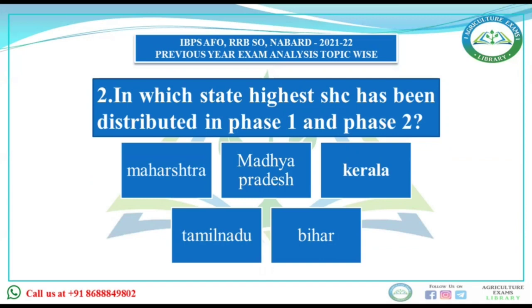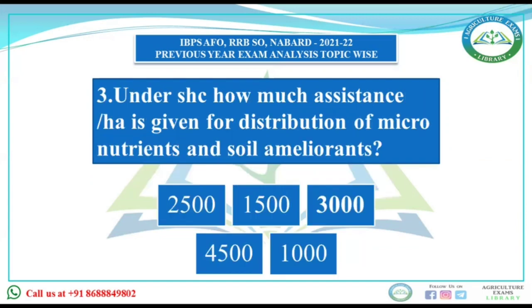So according to the options, the answer will be Maharashtra. Next, under soil health card, how much assistance per hectare is given for the distribution of micronutrients and soil amendments? 2,500, 1,500, 3,000, 4,500, and 1,000. Then under this scheme, for micronutrients and soil amendments, 2,500 is given. First is the answer.